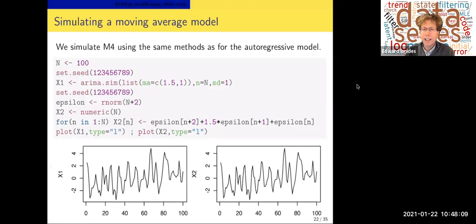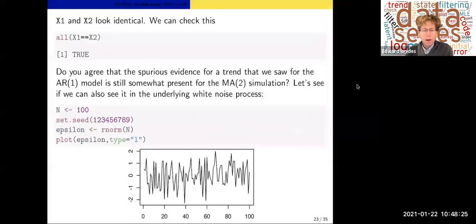And so we're fairly happy that we know what arima.sim is doing. It's doing the right thing. That'll give us confidence if we want to use arima.sim for more complicated models that we wouldn't want to code up ourselves. Okay, and if you really want to check they're identical, there's this all function. All x1 is identically equal to x2 just checks that they're all the same, and they are.